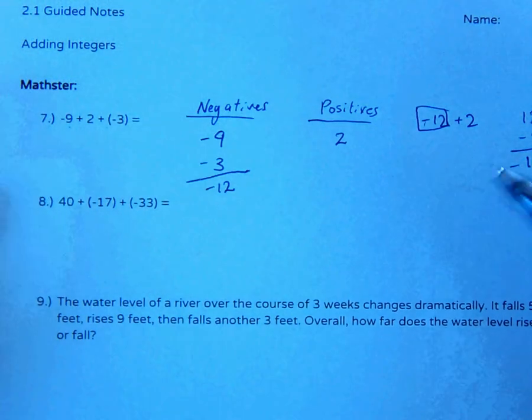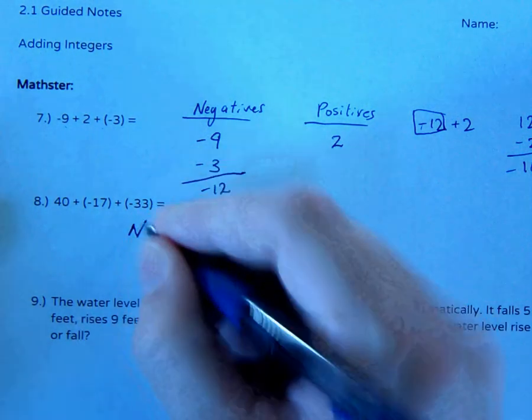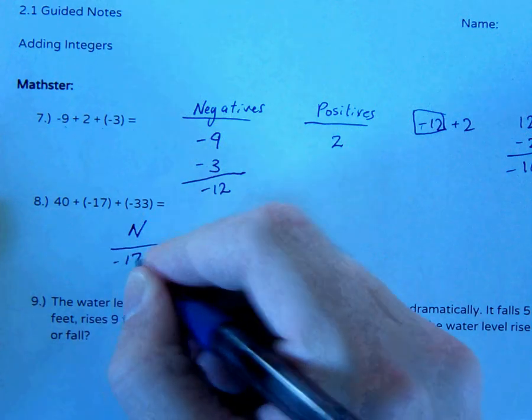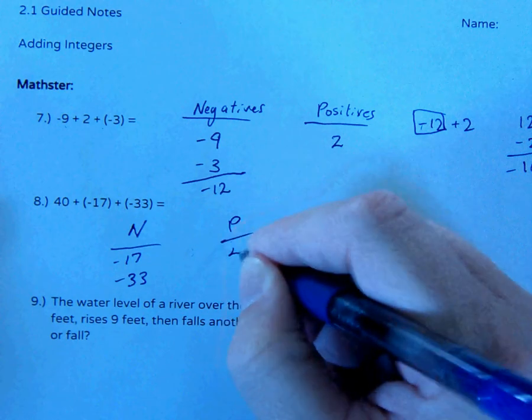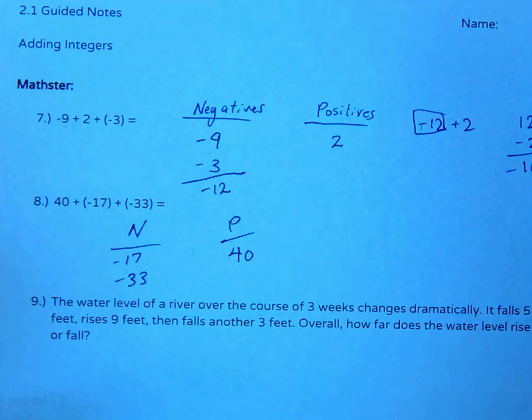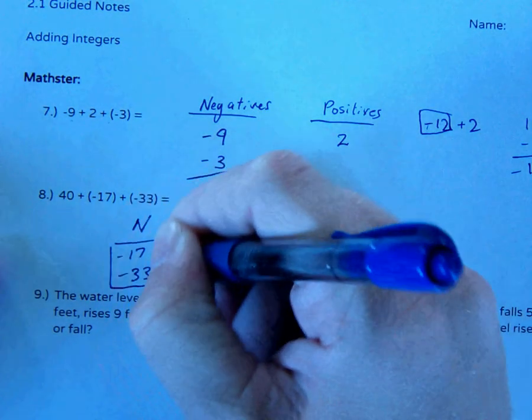Now, the reason that we want to be able to do it on paper is because if I do something like this, where my negatives are negative 17 and negative 33, and my positives are 40, I don't want to draw 40 plus dots. So anyways, I combine my negatives first.